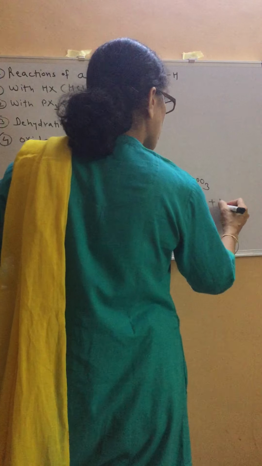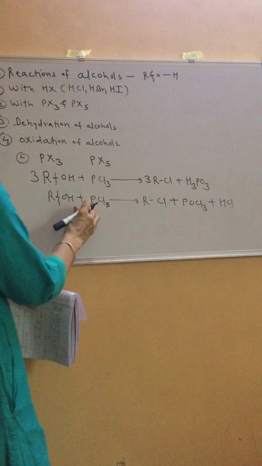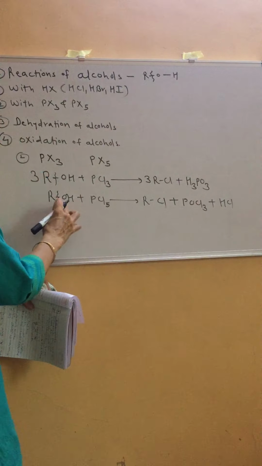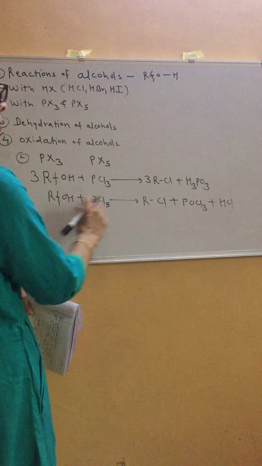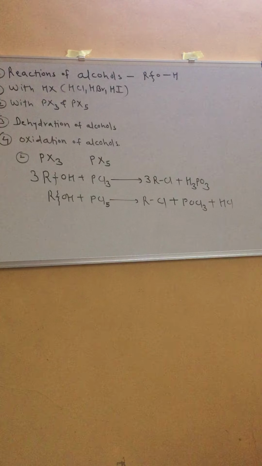See the balancing of the reaction carefully. POCl3: out of 5 Cl we have 3 here, 1 here, 1 is left, and this H is left, that will form HCl. Phosphorus oxychloride plus HCl. So these are the reactions with PX3 and PX5.